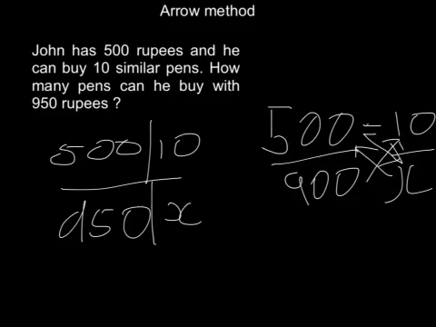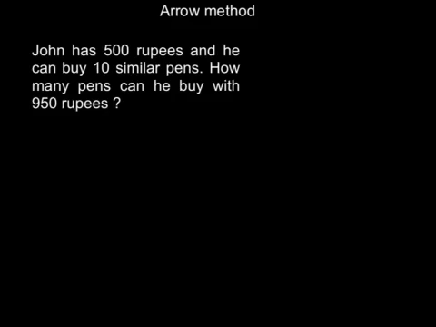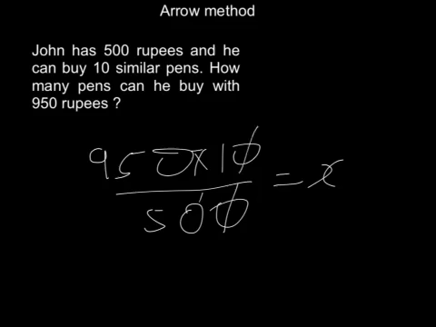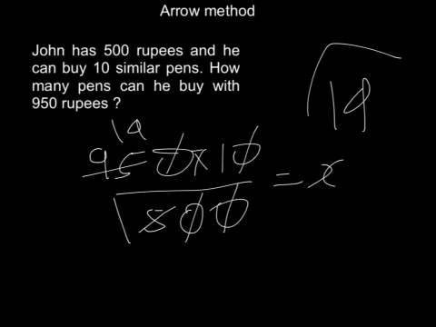So now this equals 950 into 10 over 500 equals x. Cancel the zeros. Now 5 goes once, 5 goes 19 times. So he can buy 19 pens.